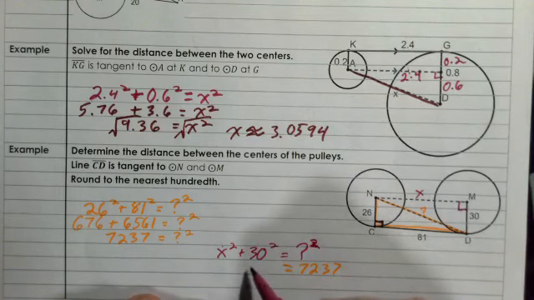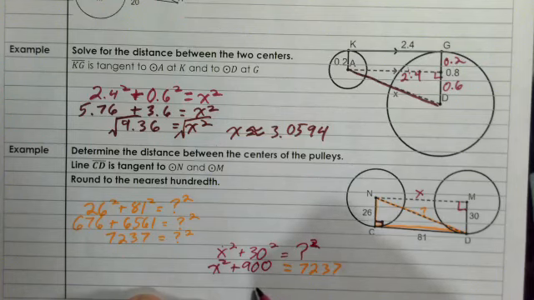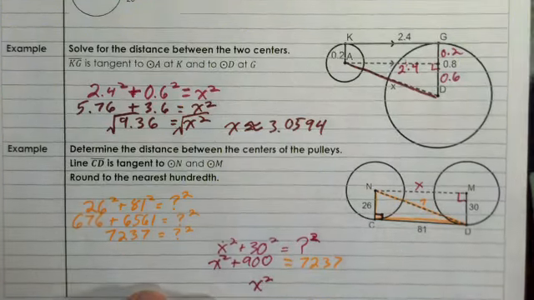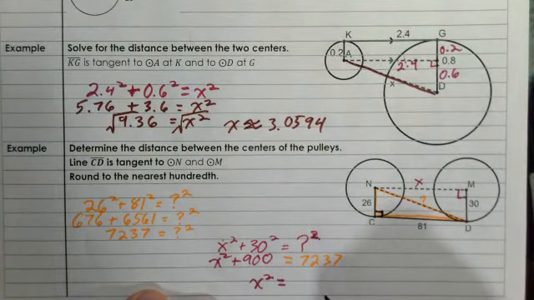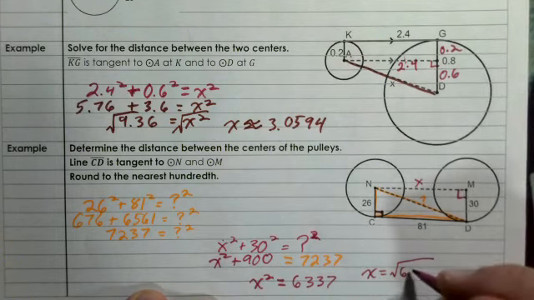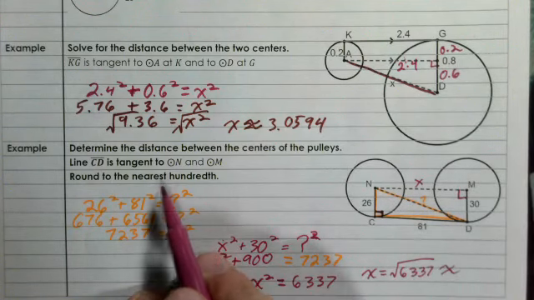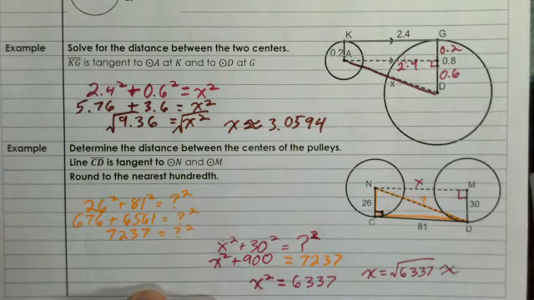30 squared, that's 900 plus x squared. And then I'm going to subtract 900 from both sides. So x squared equals, let's see, that is going to be 6,337. So x equals the square root of 6,337. They wanted us to round that to the nearest hundredth.